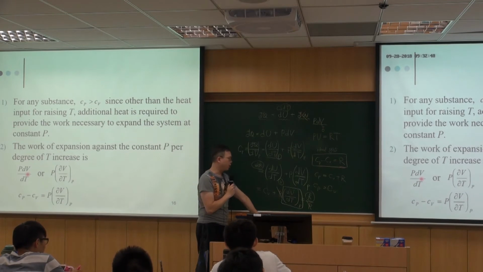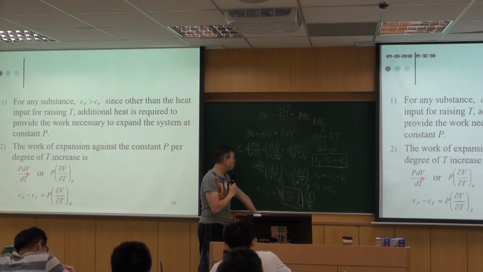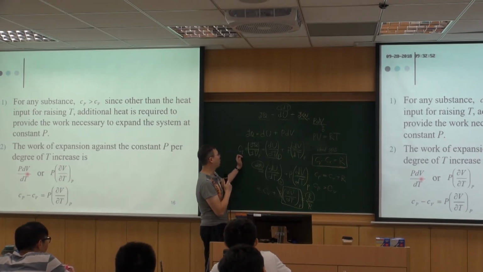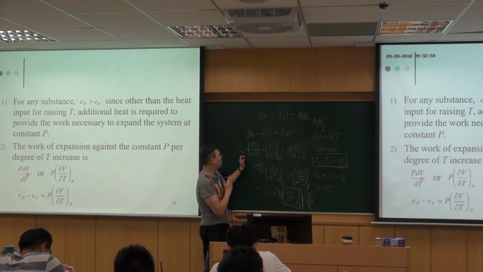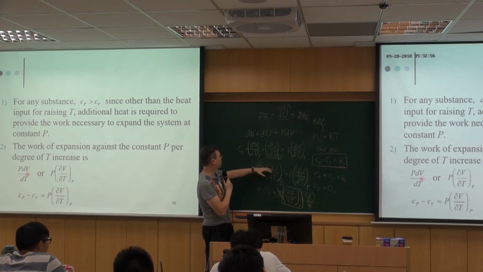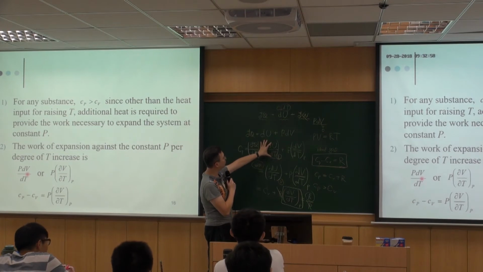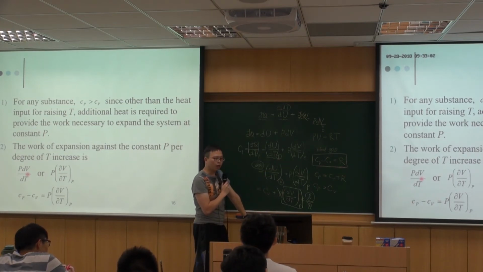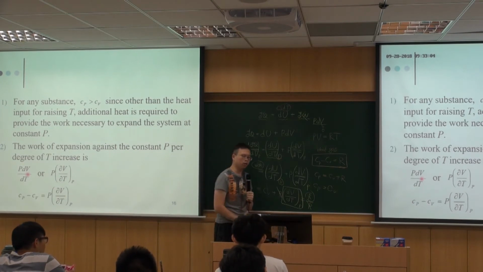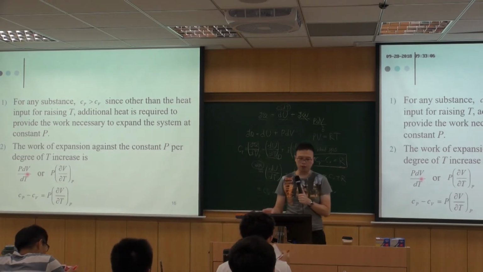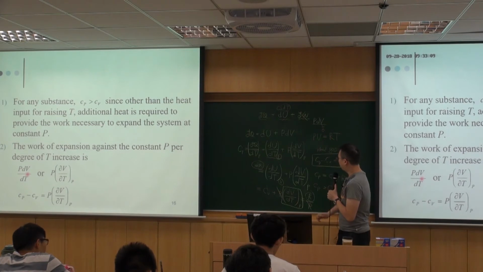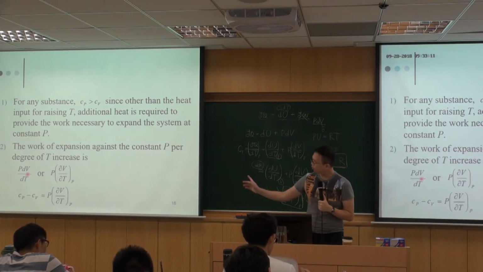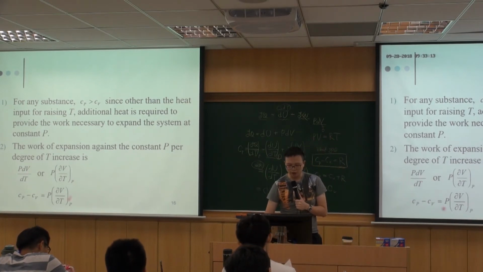We will see this later. Again, starting from here. And the most important thing is to connect this, to transform this into this. So if this is the case, then we know that the difference between Cp and Cv is this term, or on the slide shown here.